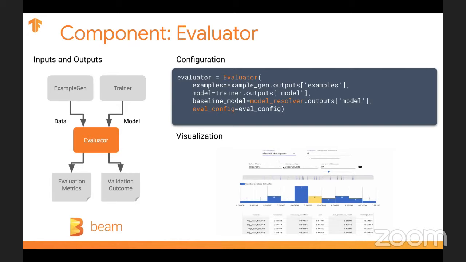The other thing that Evaluator does is it makes sure that you can actually validate that model. So it wants to see, is that model better or worse than the model that I currently have in production? If it's the first model that you've trained, of course you have nothing in production.